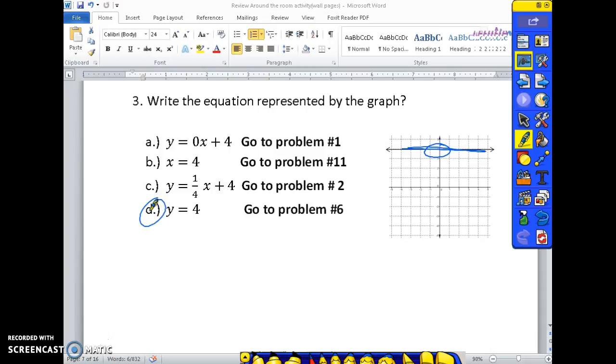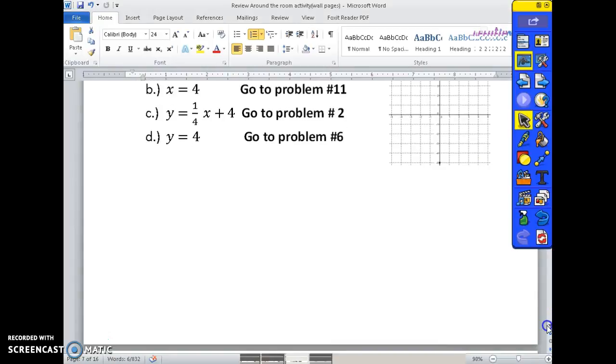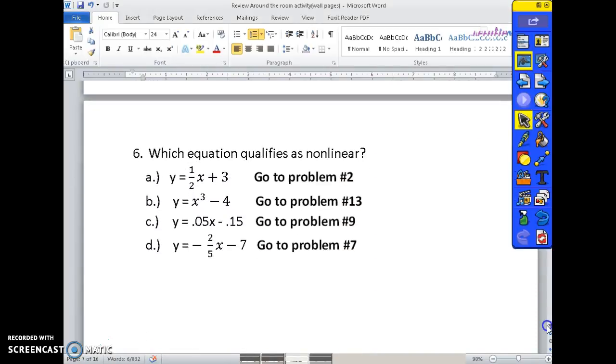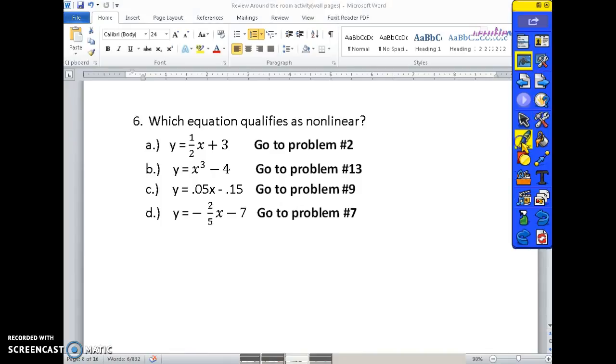We are going to problem 6. For problem 6, which equation qualifies as nonlinear? To be nonlinear, it has to have an exponent bigger than 1, or x has to be in the denominator. For B, my exponent is 3 for my x, so that is nonlinear, which takes us to problem 13.